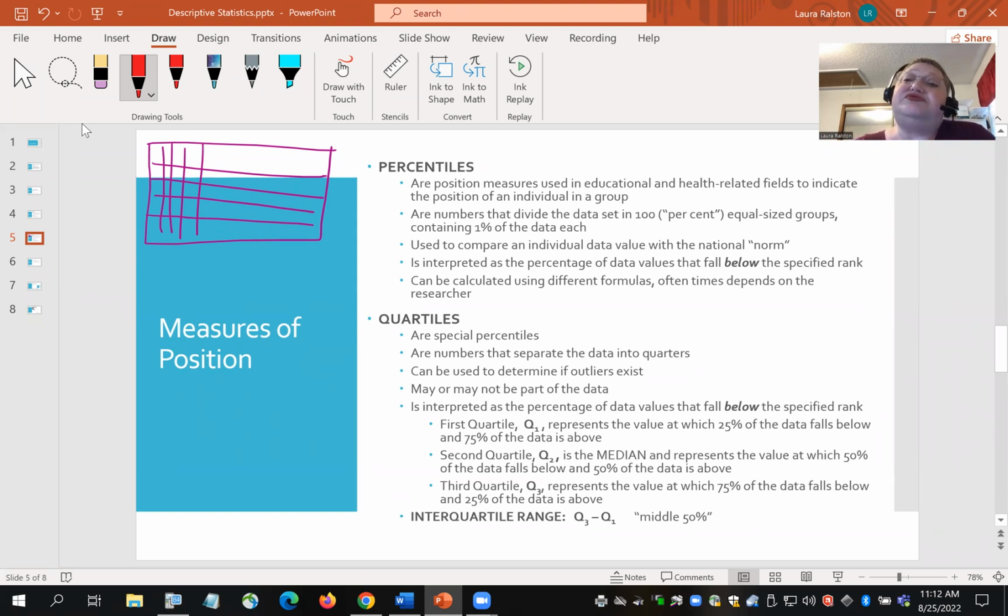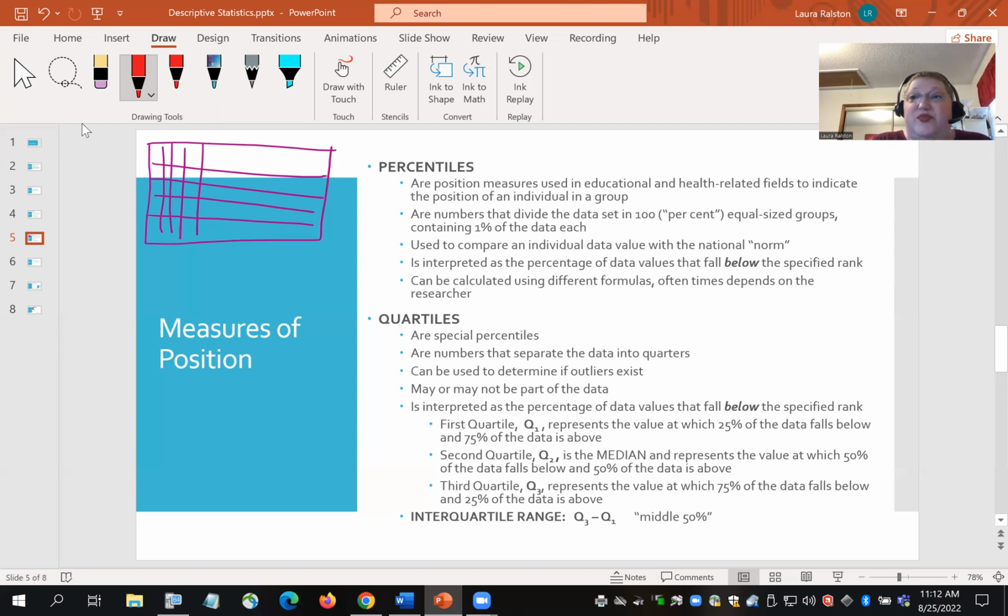Percentiles allow you to compare how an individual value, whether it's an individual student or an individual item, compares to what they call the national norm. How did you, as a student who took the SAT, perform in relationship to all of the other people who took the SAT?